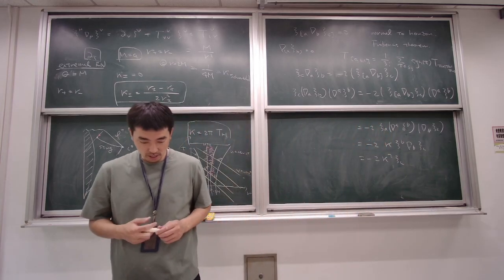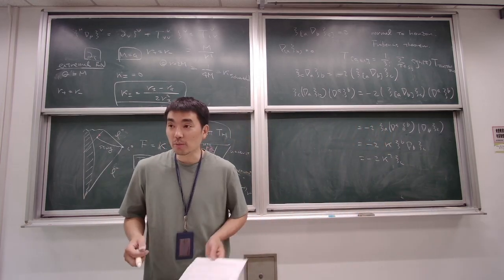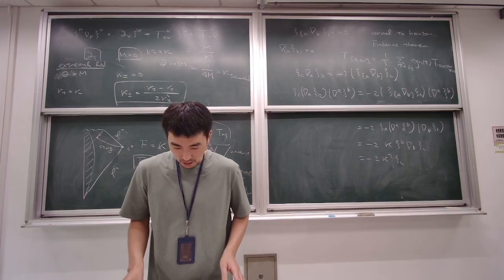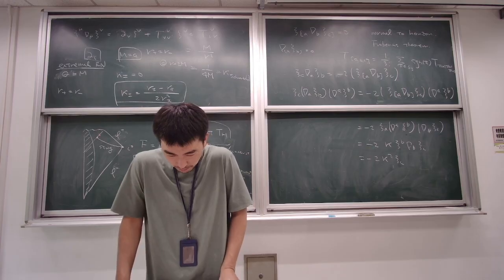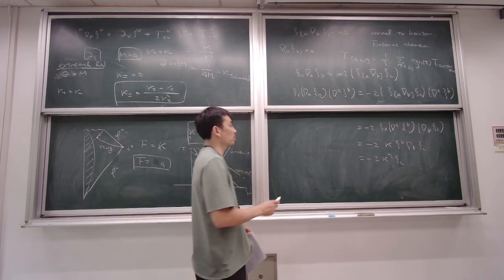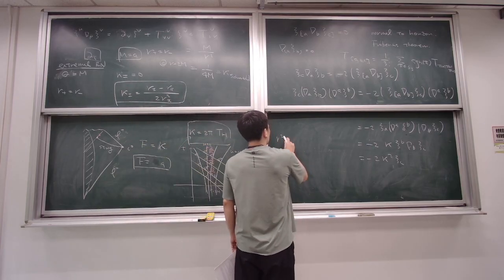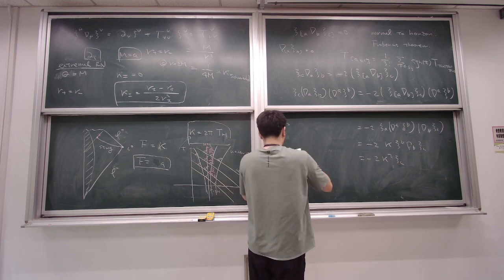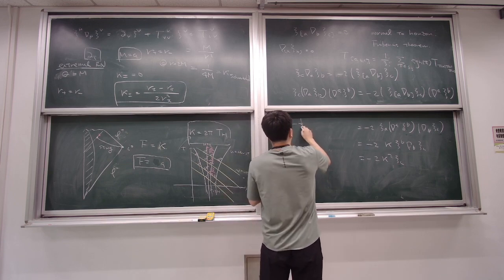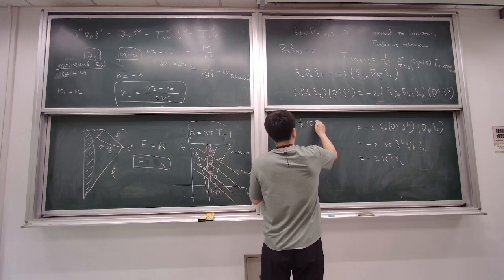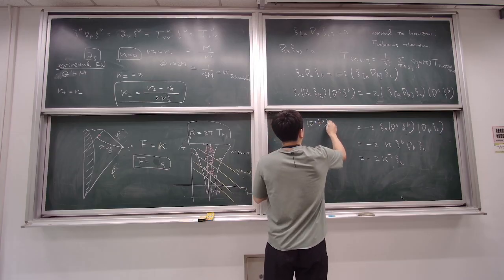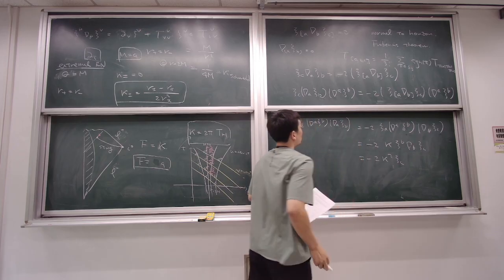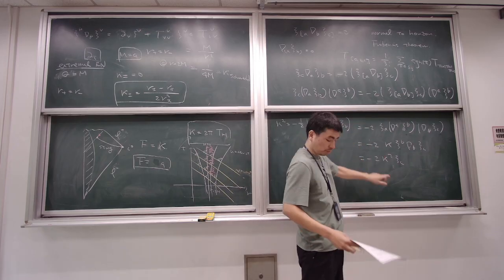Do you agree with that? My lecture note is full of typos around this point. Sorry about it. So from here, kappa squared is equal to minus 1/2 del_A C_B del^A C^B. You just compare between these two.